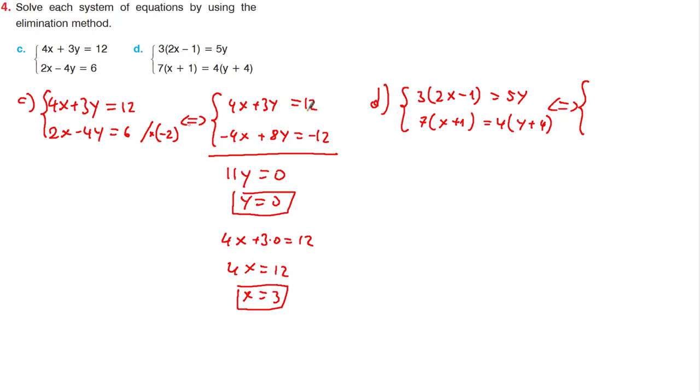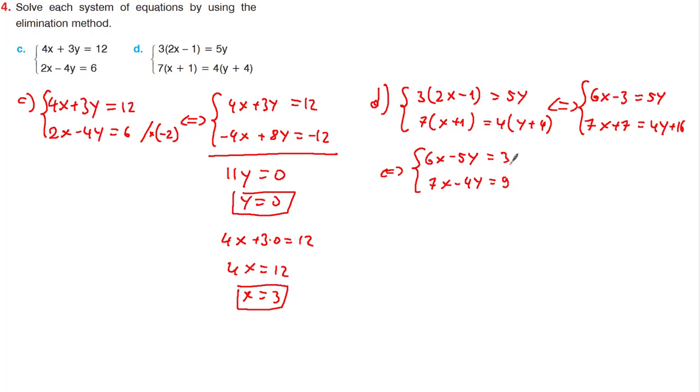So we get 6x minus 3 is equal to 5y. On the second equation we get 7x plus 7 equals to 4y plus 16. So we get 6x minus 5y is equal to 3, and 7x minus 4y is equal to 9.